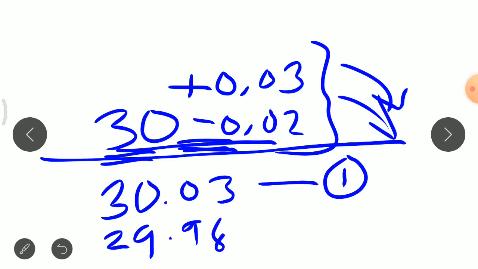29.98. How is it so? We subtract 0.02 from the basic size, because we have some allowable dimension in the negative direction also.